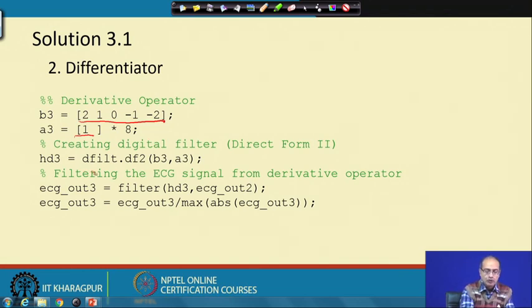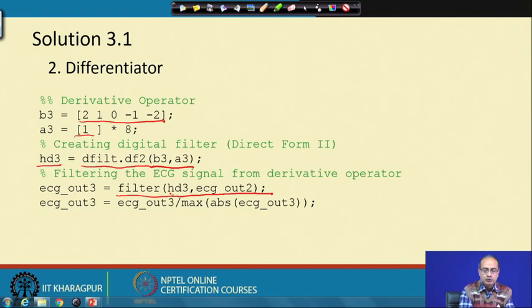And again we form that filter. HD3 is the filter handler, and we use the MATLAB function dfilt.df2 for the direct form 2 filter, and we provide B3 and A3, the numerator polynomial and the denominator polynomial, for creation of this derivative filter. Now, the next task is to apply the derivative filter using the filter operation.